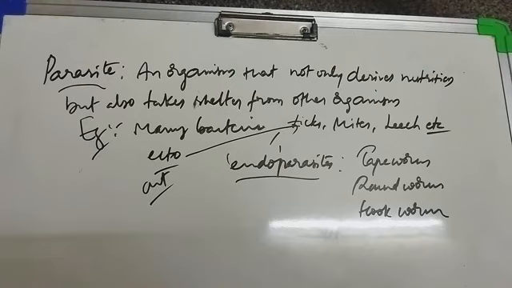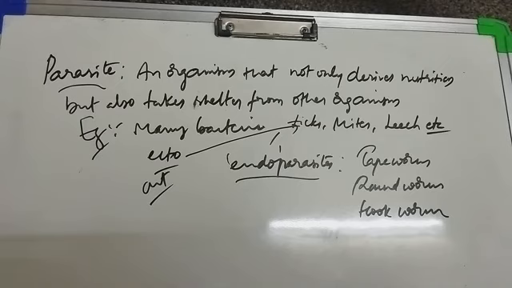In parasitic heterotrophic nutrition, a parasite is an organism which generally does not kill the other organism while deriving nutrition from it. Whereas a free living holozoic organism kills the other organism for deriving its nutrition.